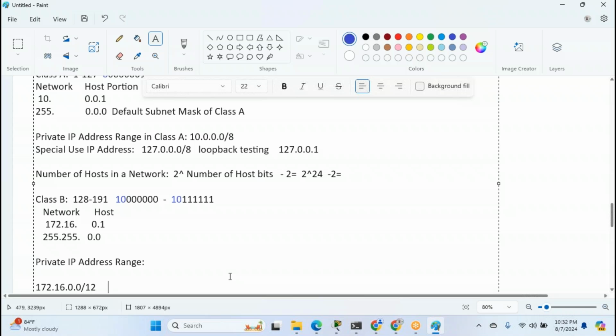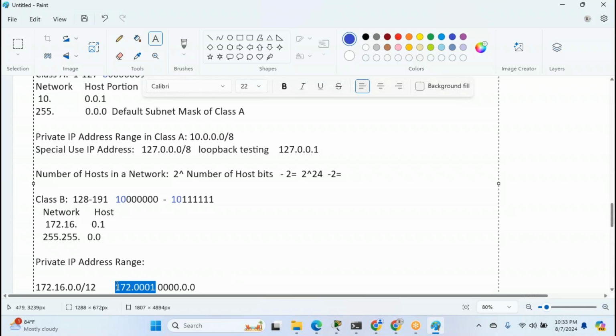So what does it mean? The first 12 bits must be fixed. These are 8 bits, 172, and the next 4 bits, so we cannot separate from 16. We have to convert the 16 into binary: 128, 64, 32, 16. So these are 4 bits, 8 plus 4, 12, and then the rest of the bits are 0, dot 0, dot 0. So the first 12 bits are fixed.